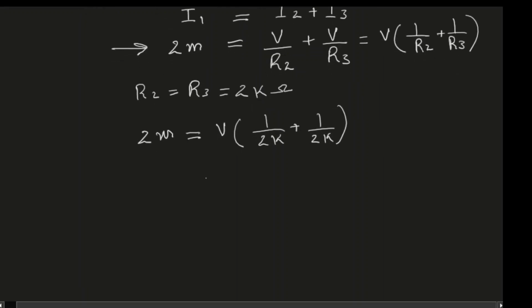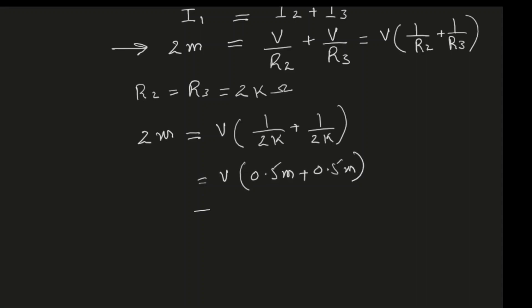And 1 divided by 1 kilo is 1 milli, so this will be 0.5 milli plus 0.5 milli. And half and half is 1, so I will have 1 milli, and this is equal to 2 milliamperes.